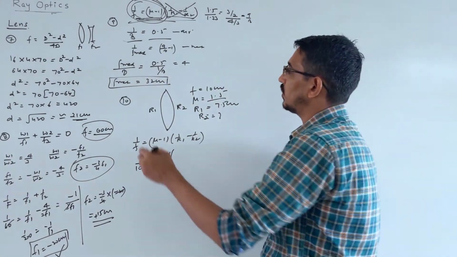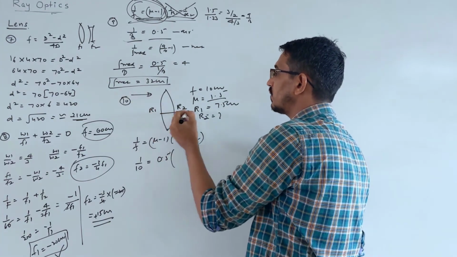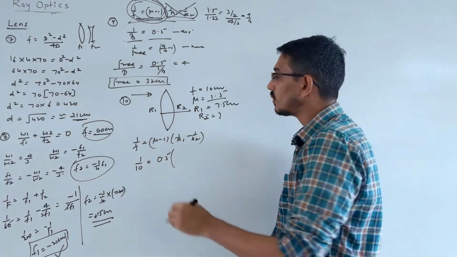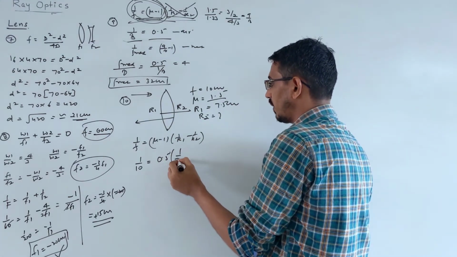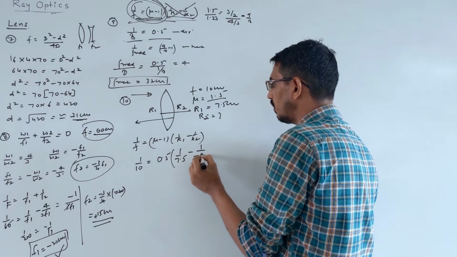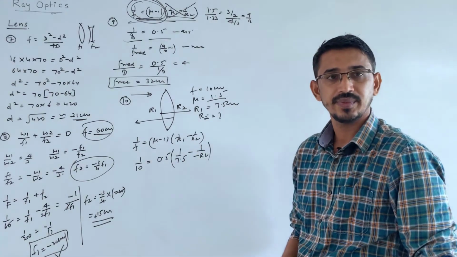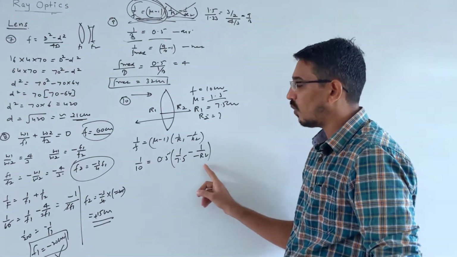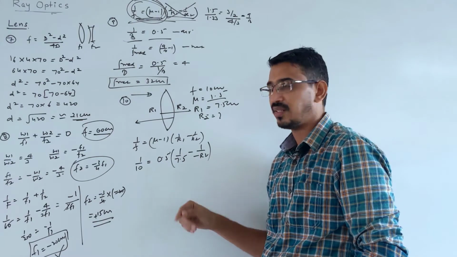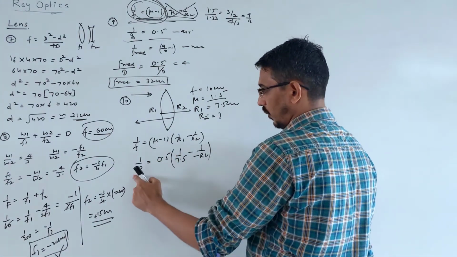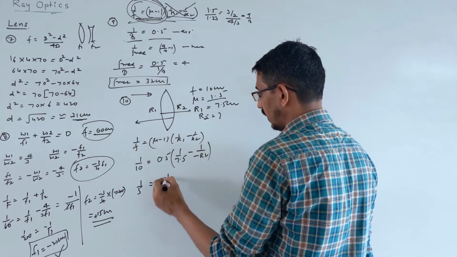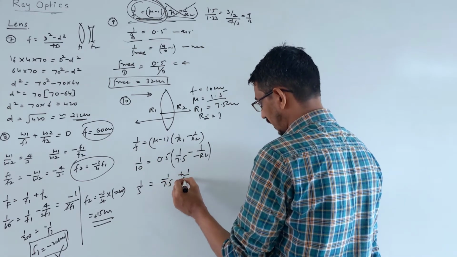Suppose light is coming from this direction, then R1 is positive and R2 will be negative. So 1 by R1 is 1 by 7.5 minus 1 by R2, which we have to find. R2 will always be negative here, keep that in mind. So this becomes 1 by 5, 0.5 comes down, so 1 by 7.5 plus 1 by R2.